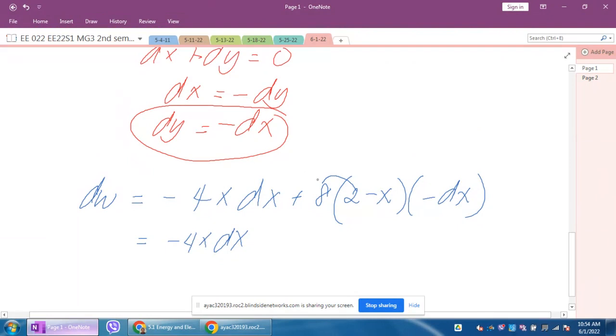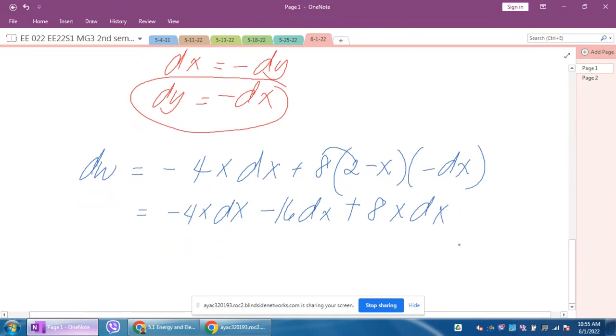So I have 8 times 2, 16 times negative dx, negative 16 dx. And then I have 8 times negative x times negative dx, so positive 8x dx. Check lang po kung tama ang aking ginagawa. So meron akong negative 4x dx, positive 8x dx. So I will have positive 4x dx minus 16 dx.